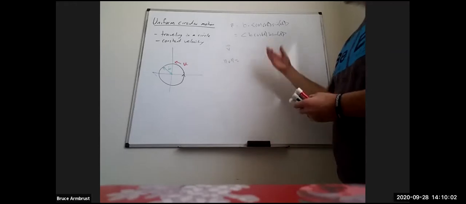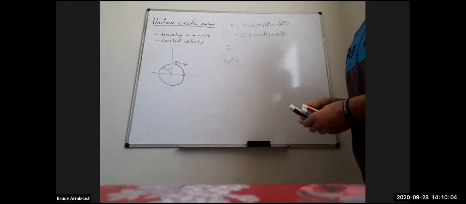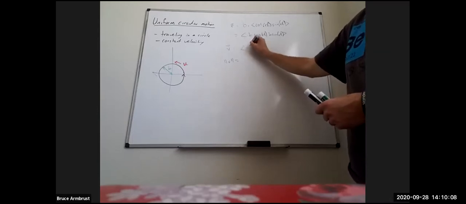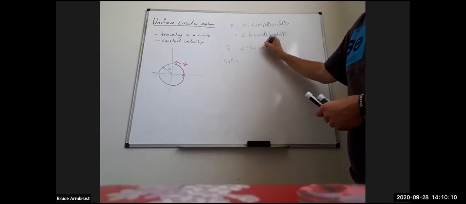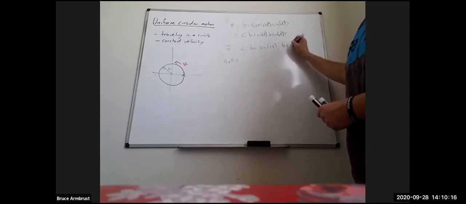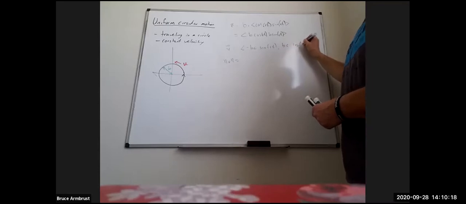All right, well now let's look at what we get when we differentiate. So now we're going to get minus bc sine of ct, comma, bc cosine of ct.